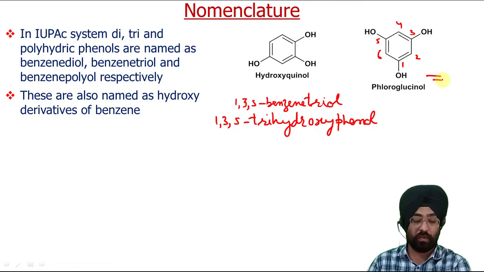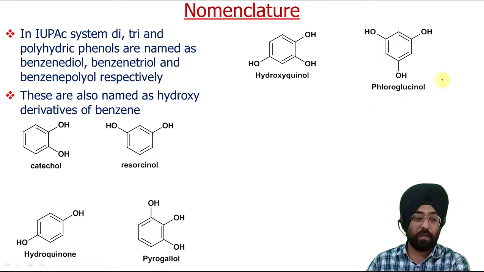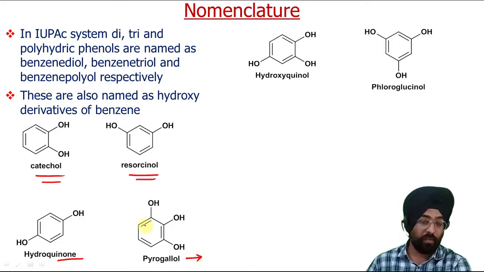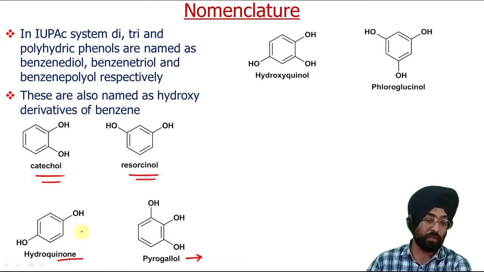So let us move to the next compound. Now this is called catechol. Its common name is catechol. Then this is resorcinol, this is hydroquinone, and this is pyrogallol. You have to remember these are famous compounds, so it is better if you remember their trivial names also: catechol, resorcinol, hydroquinone, and pyrogallol.